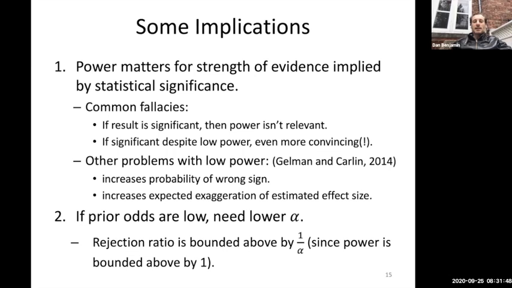The second lesson is that if your prior odds are low, then you should consider having a lower statistical significance threshold than 0.05. And that goes back to this point that the rejection ratio is bounded above by 1 over alpha, because your power can't be higher than 1. So your rejection ratio can be at most 1 over alpha. So if alpha is 0.05, that rejection ratio can't be higher than 20.